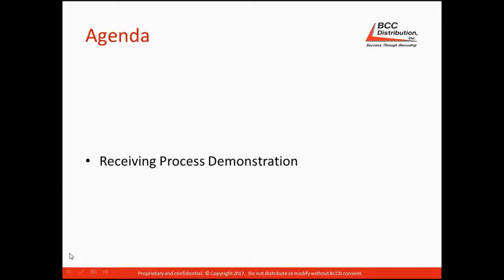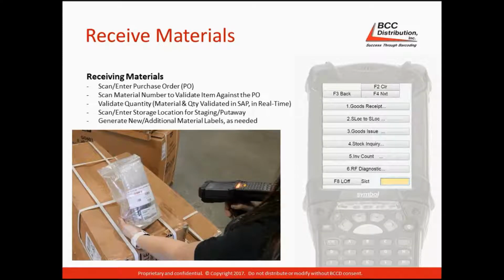Okay, receiving. So again, we have barcode labels on locations. We now know how to generate the labels on the raw materials, on the inventory. Now we have to receive it. So we are going to be taking a MIGO 101 transaction, which BCC has mobilized through our TranASAP product.